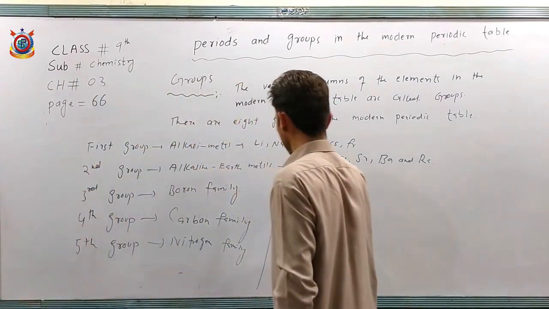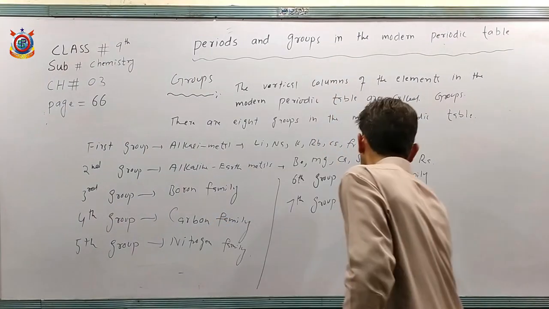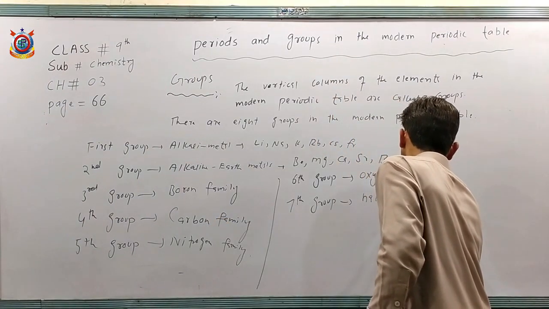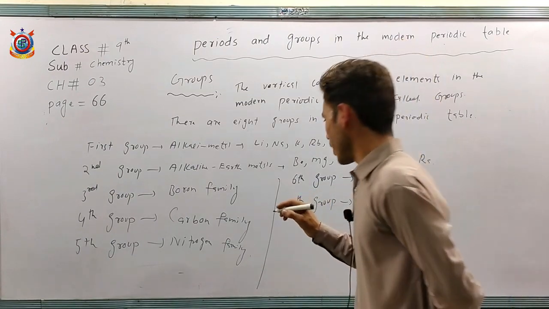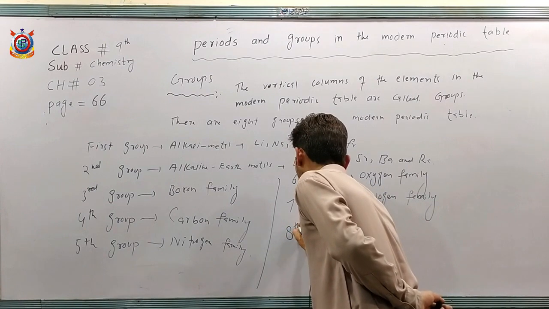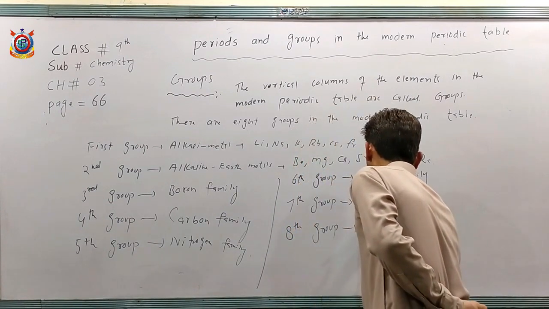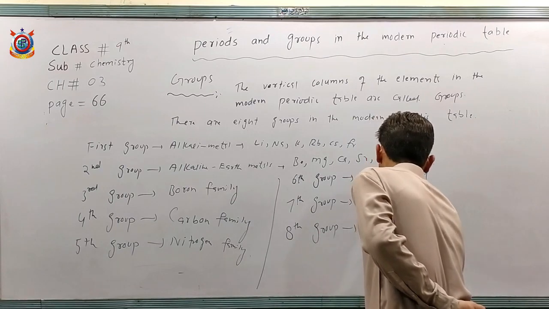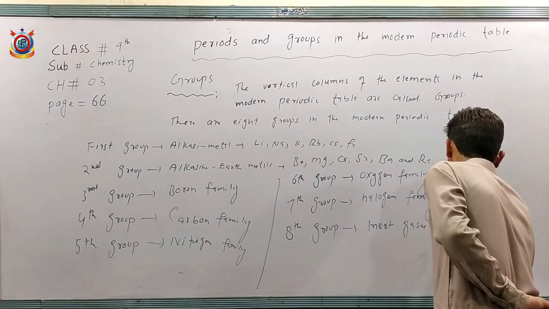Sixth is called oxygen family. And the last group of the periodic table is called inert gases. Eighth group is called inert gases or noble family.